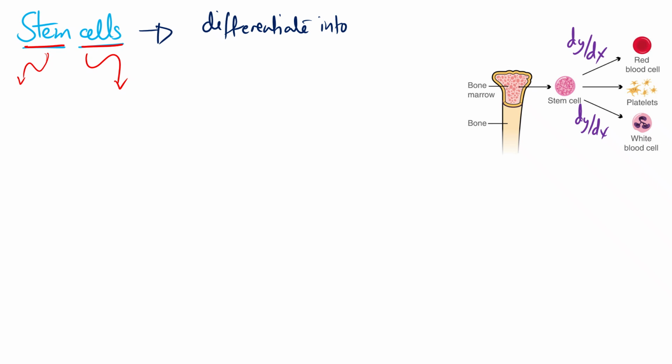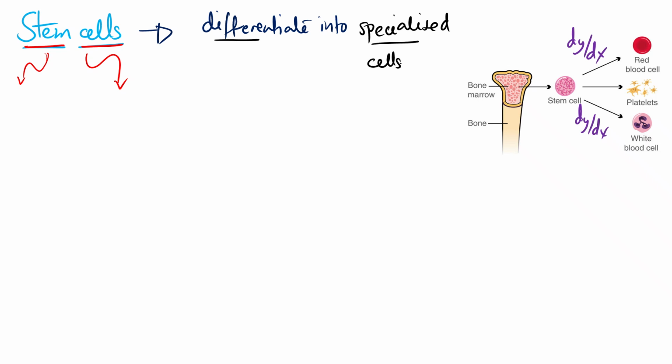Now these types of cells serve a function, and just like other cells, neurons, sperm cells, gametes, skin cells, muscle cells, they all have a special purpose, don't they? They have a special task and function. So they come under this umbrella term of specialized cells. So stem cells differentiate into specialized cells.